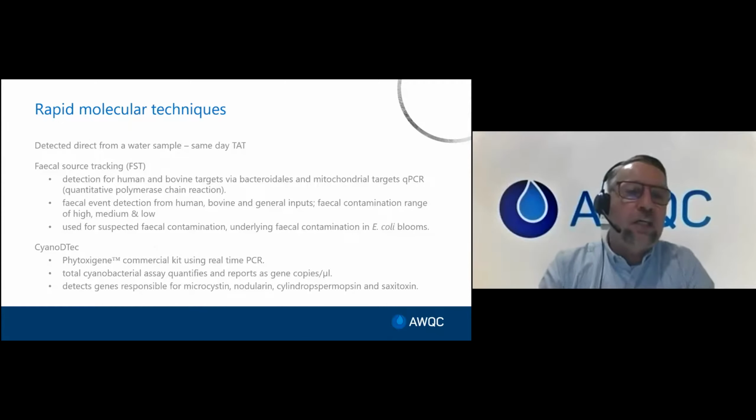Now, next, we are also offering rapid molecular techniques, fecal source tracking, and our Cyano-Detect.